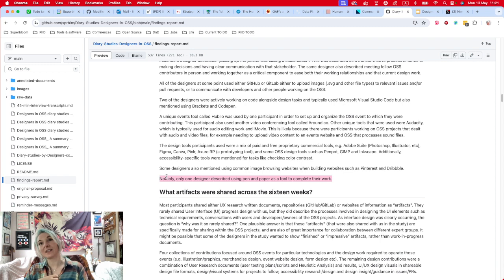It's interesting if you are a designer working outside of the open source software space or outside of the technology software space. Pen and paper is quite regularly used, I think, still. But yeah, sketching is no longer a thing that people do on pen and paper as much as they do directly in software.